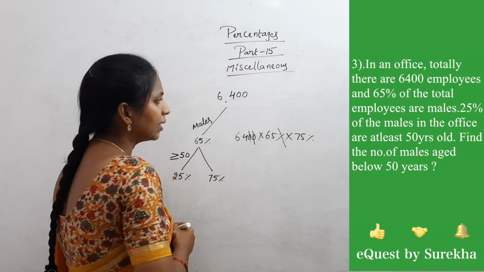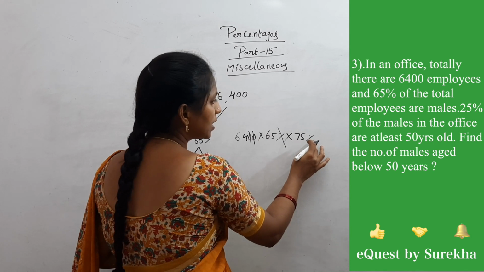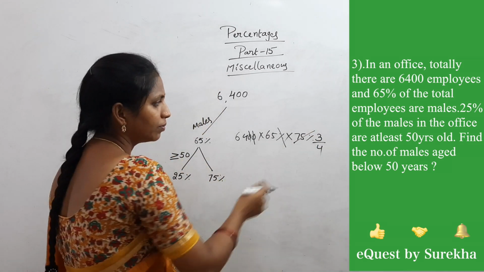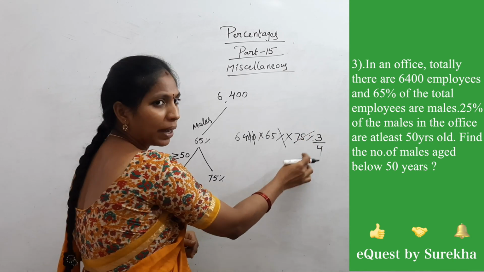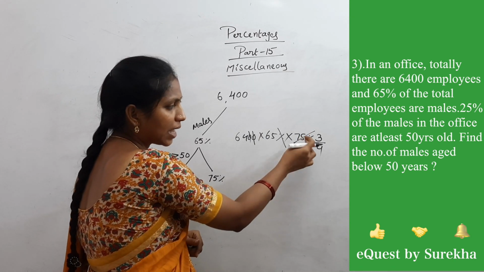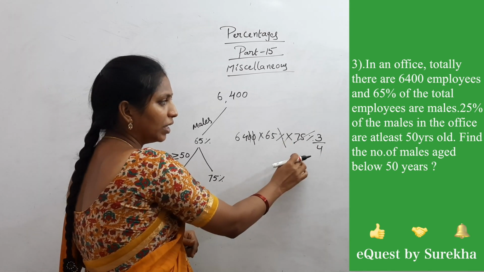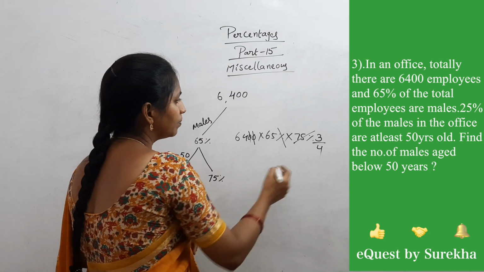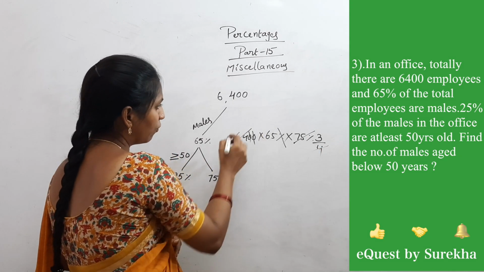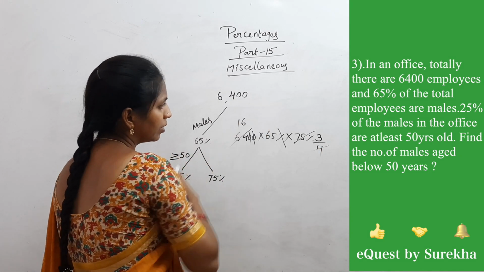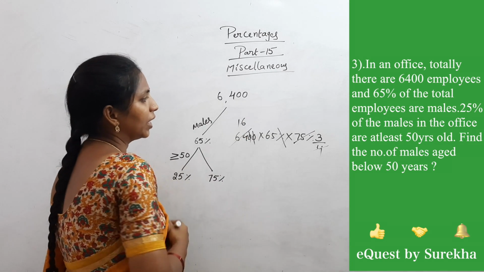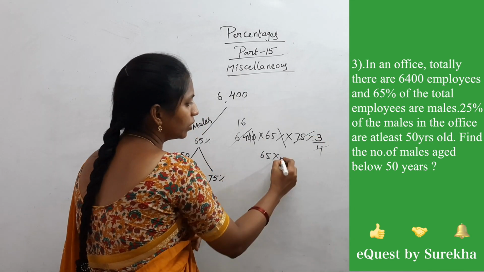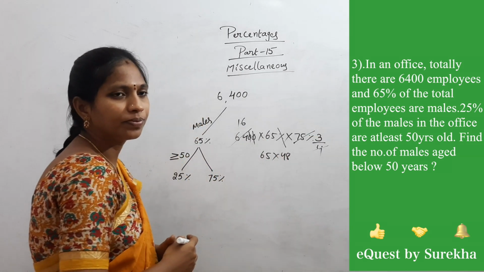0 gets cancelled. And here 75% means 3 by 4. 75 by 100, 25 3 times cancelled, and in 100, 4 25s are there. So 3 by 4, then 4 into 64, one time, and 6 4s are 24, 16 times. So here 65 into 16 into 3 is 48.